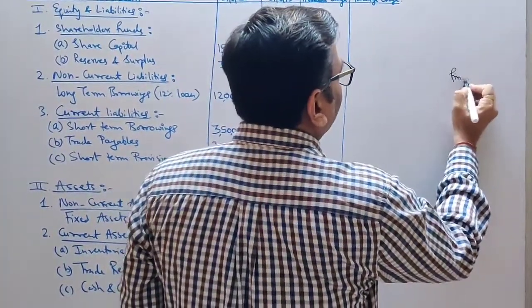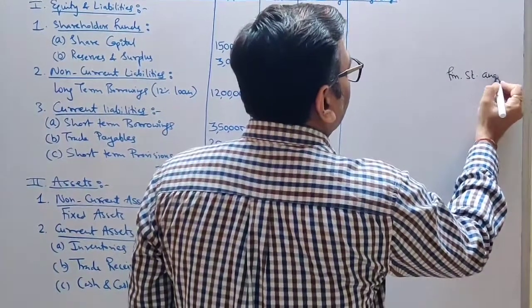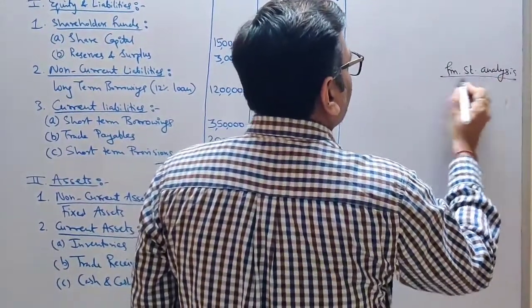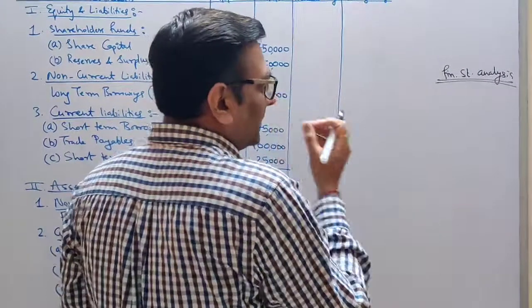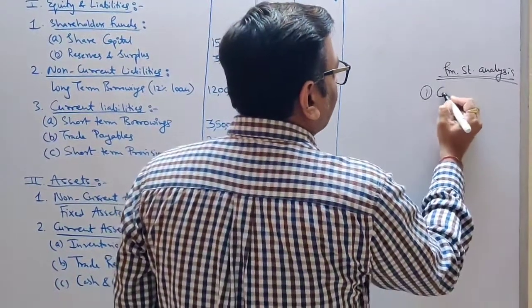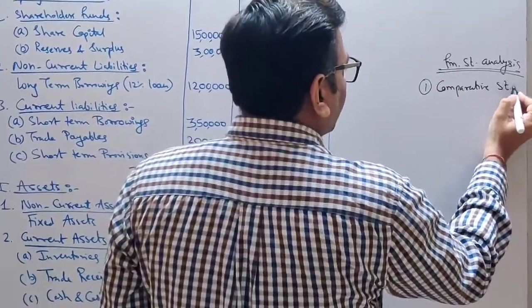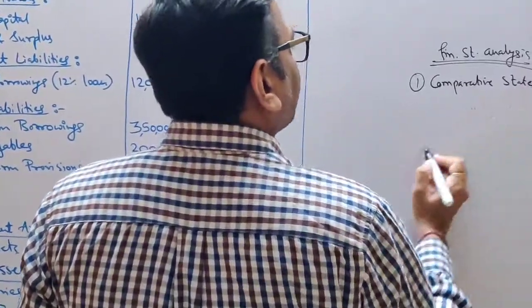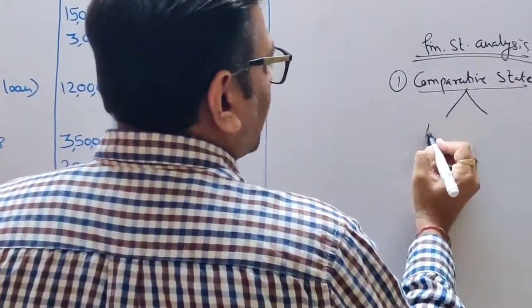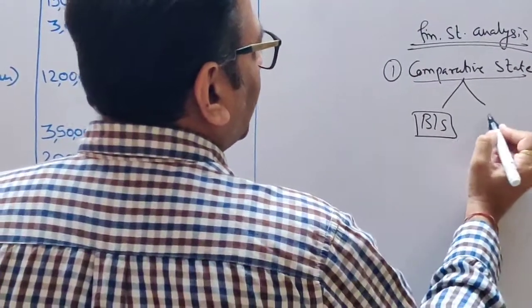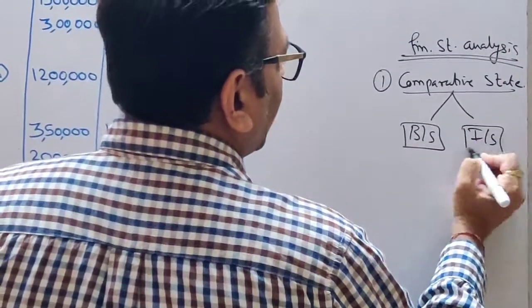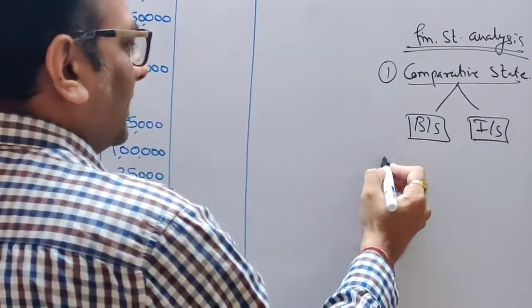So in financial statement analysis, you have comparative statement. Now in comparative statement they may ask you to make comparative balance sheet, or they may ask you to make comparative income statement.